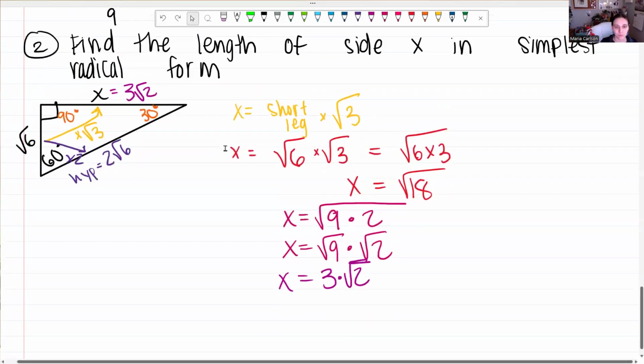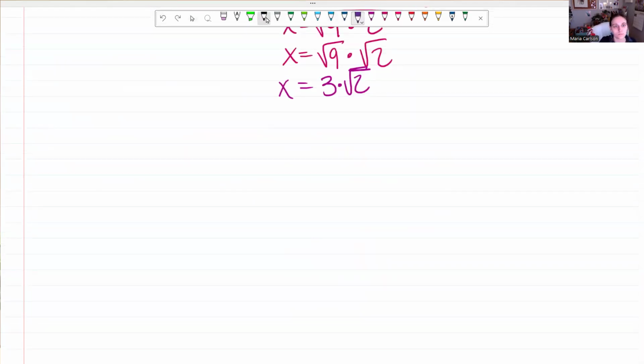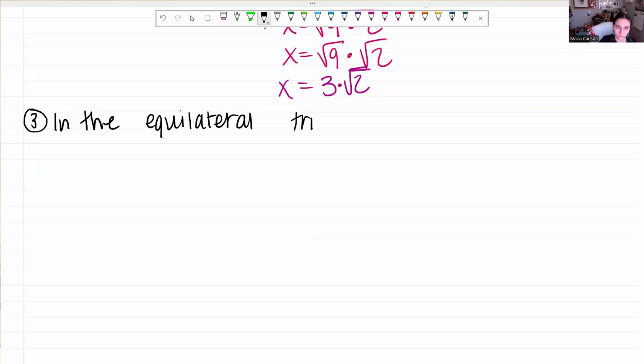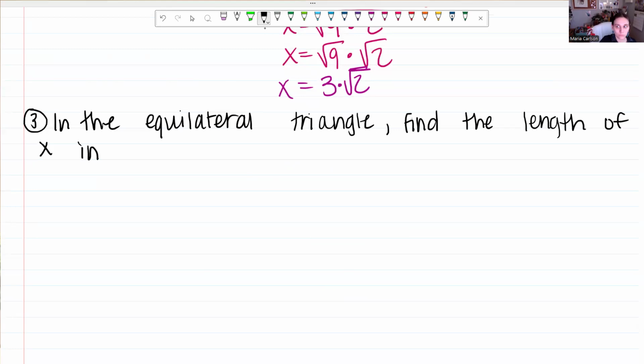All right, last problem that we're going to do together. In the equilateral triangle, find the length of x in simplest radical form with a rationalized denominator.